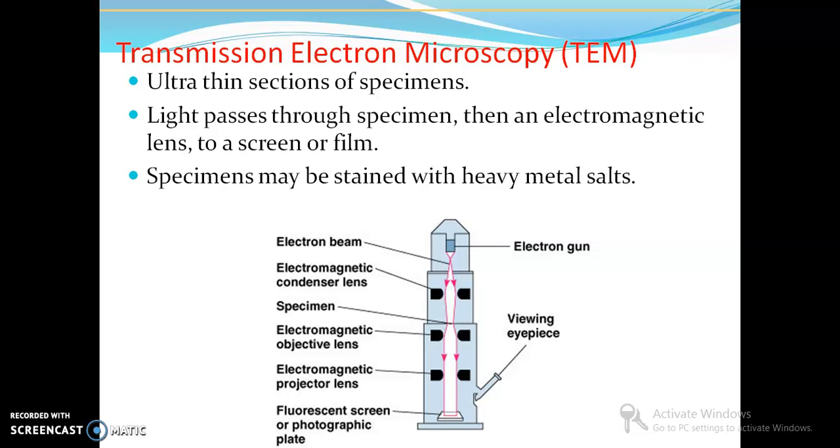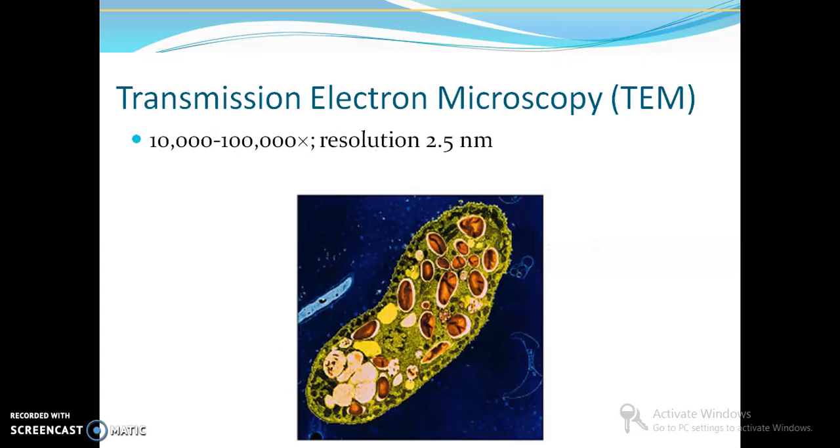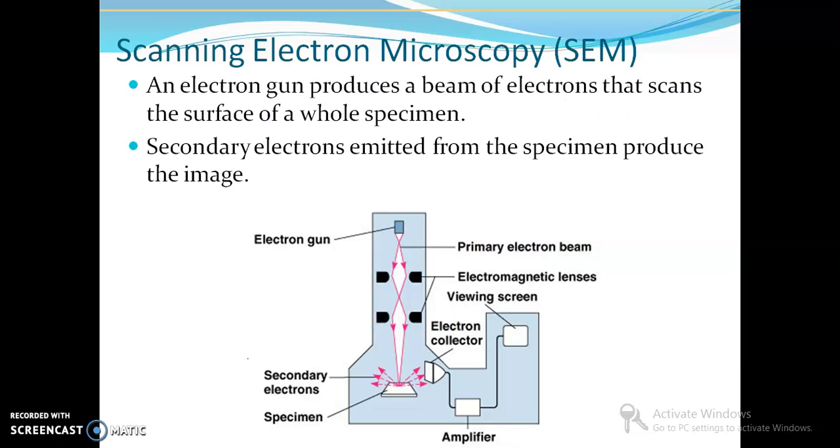The degree of interaction between the electrons and the heavy metal stains affects the kinetic energy of the electrons, which are collected by the fluorescent plate. The light of varying intensity produced is directly proportional to the electron's kinetic energy and is used to produce the image. The TEM is useful for studying the cell interior and its ultrastructure, and a sample transmission electron micrograph is given in the figure. This is the transmission electron microscope.